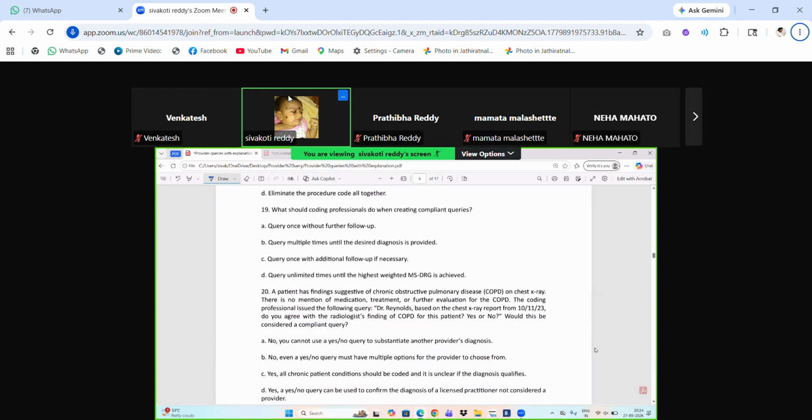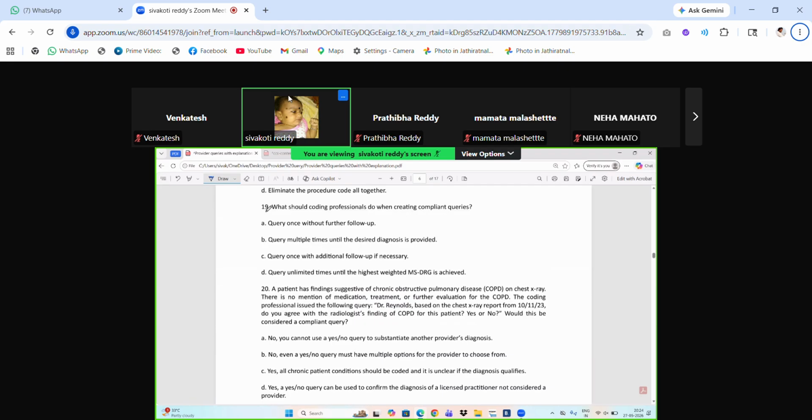Nineteenth. What should the coding professional do when creating compliant queries? Option C. Query once with additional follow-up if necessary.